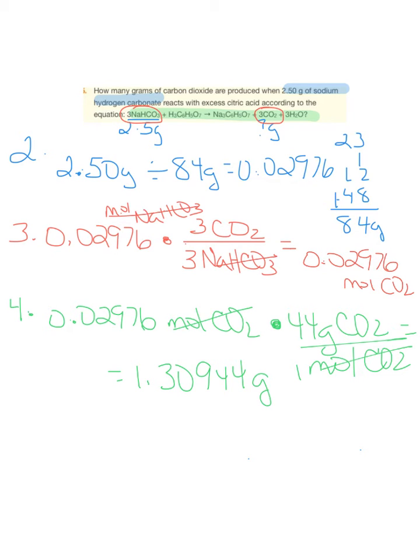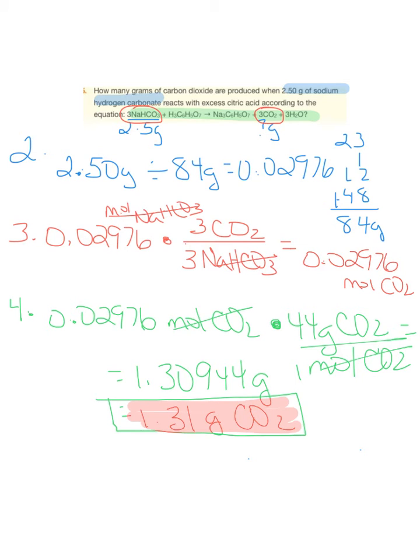We started with 3 significant figures in our problem, so we have to go to 3 significant figures there, which means our answer will be 1.31 grams of CO2. There's our answer.